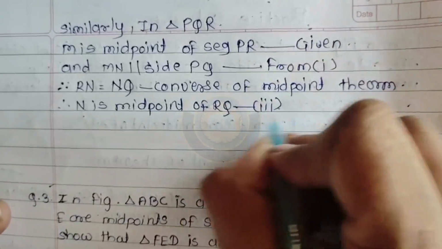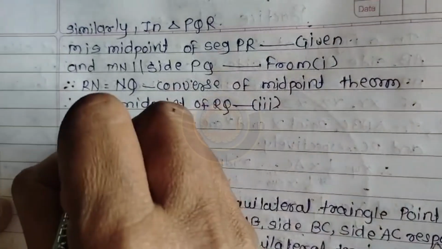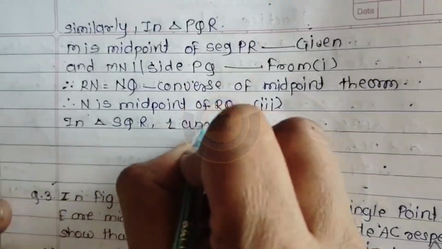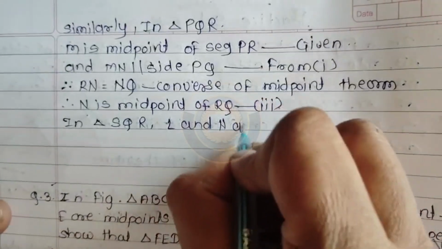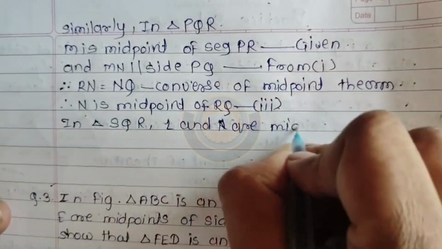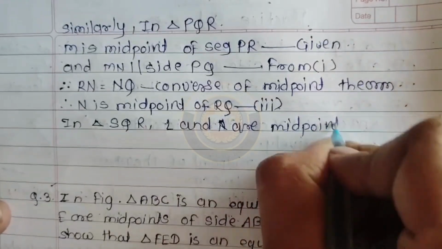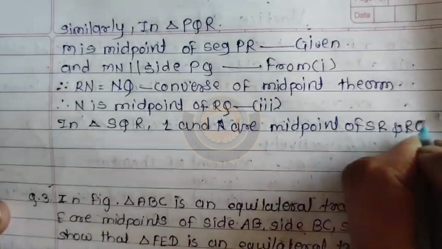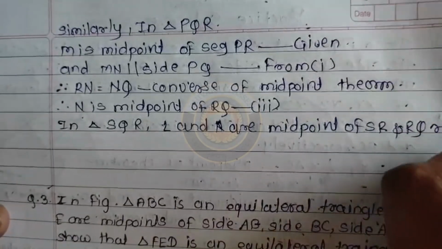Third, in triangle SQR, L and N are midpoints of SR and RQ respectively.